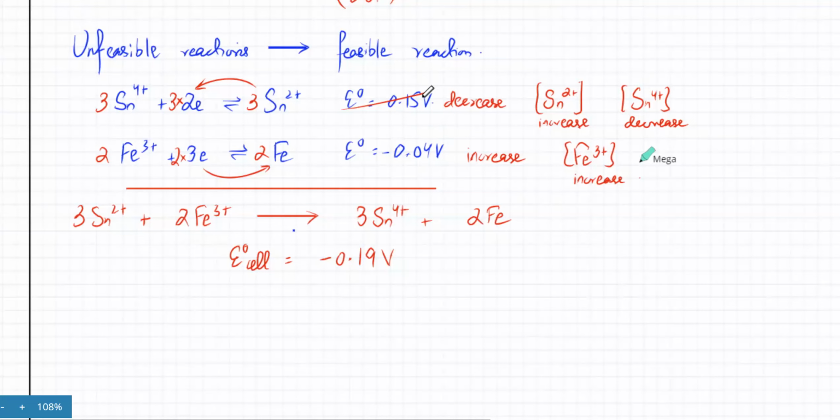This would become the higher potential. This would become the lower potential. Is that point clear? Like if this turns into 0.05 and this turns into 0.02, then obviously this reaction becomes feasible, right? But if this had been a very high potential and this a very low potential, then changing the concentration is not going to change the feasibility of the reaction.